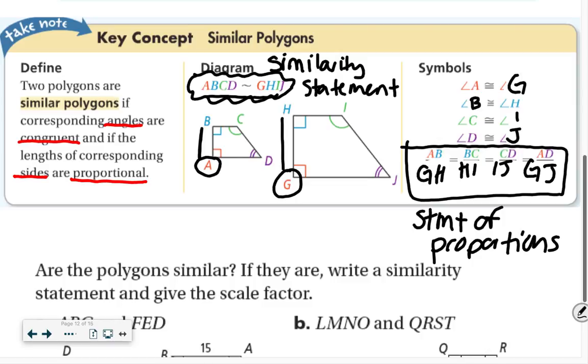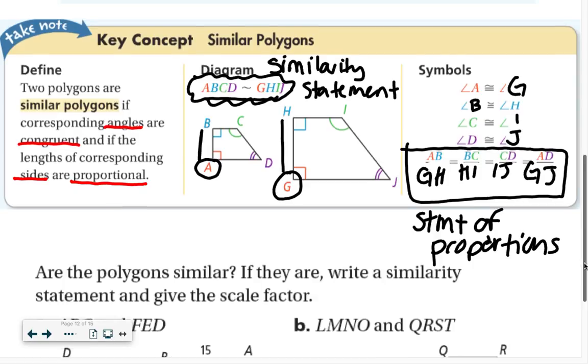Okay, so sometimes maybe one question will ask you what angles should be corresponding and congruent, and what's your statement of proportions. So you just set up which ones match into fractions, pretty much. Okay. Questions so far? No?